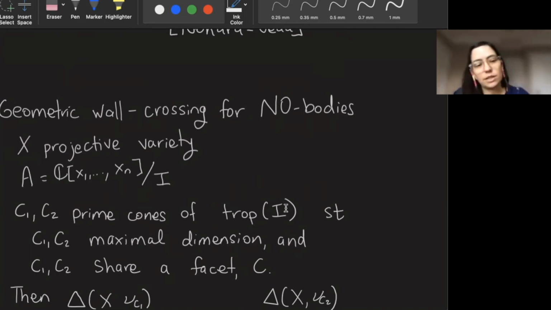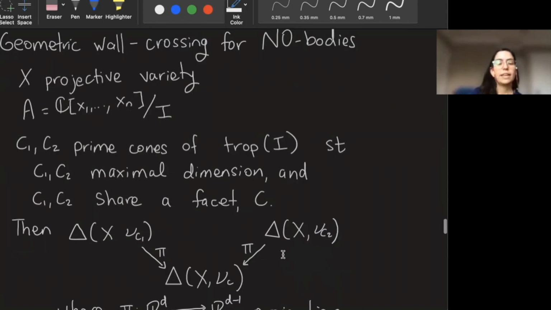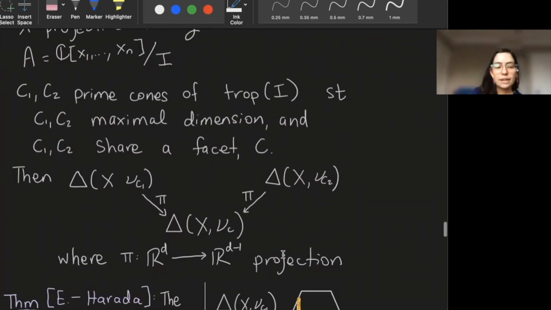Why? Because I need to take tropicalization. So if you take two prime cones of the tropicalization, such that they're both of maximal dimension, and they share a facet that I'm gonna call C, so they're adjacent to each other, well, then the first part of our theorem is the following, that you have a projection.